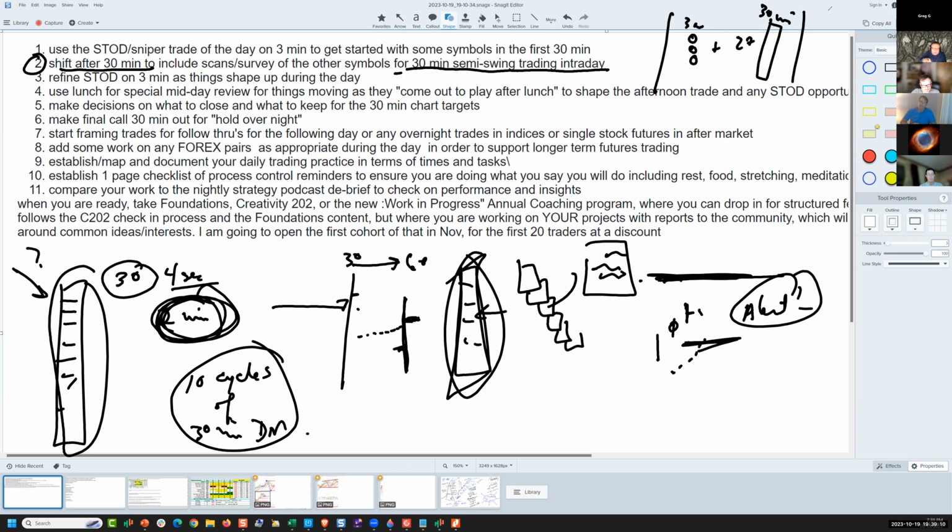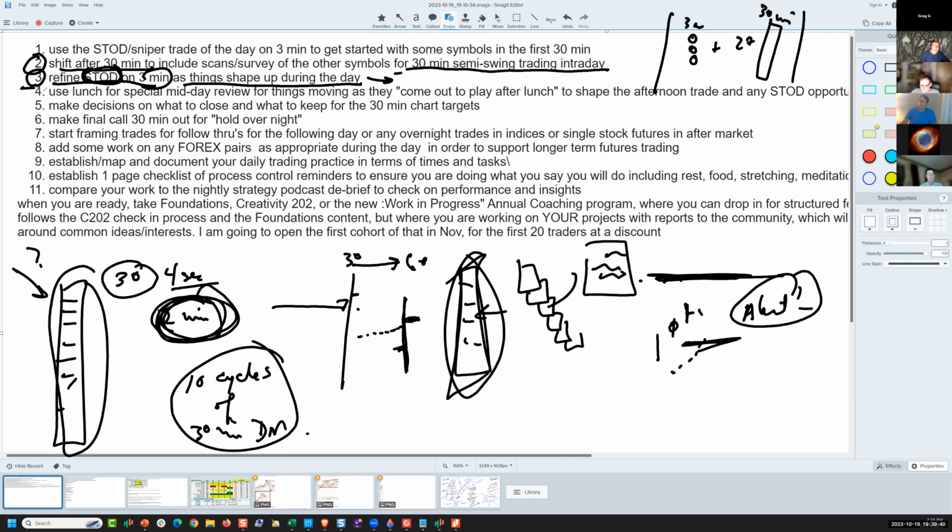Adjusting the alerts and adjusting the stops using visual chart trading. And then I simply do that all day, refining the sniper trade of the day, the one that I'm trying to concentrate on the 3-minute chart, as things shape up during the day, which is just the English language version for managing the markets and all my stops and monitoring reward to risks and making decisions along the way.